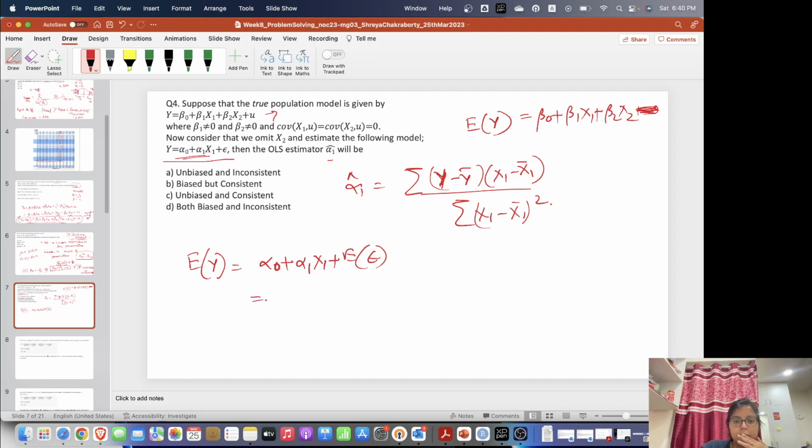So this will be alpha naught plus alpha 1 x1 plus some beta 2 x2 plus 0.